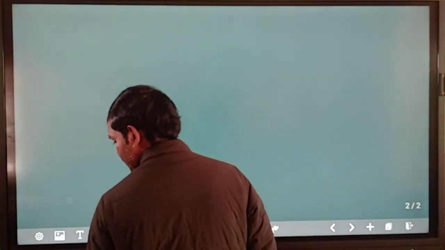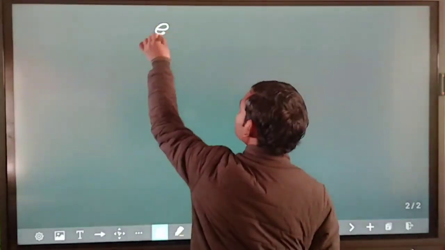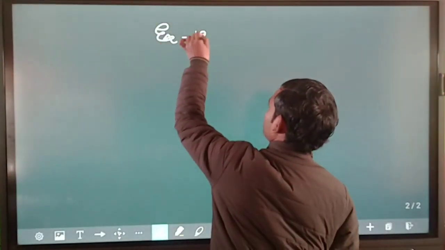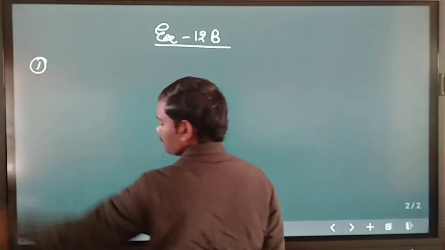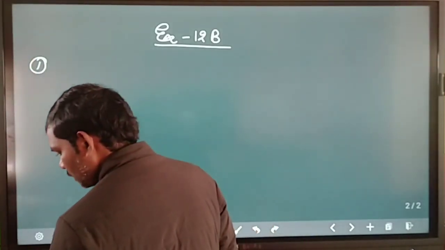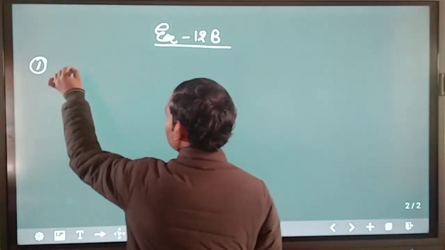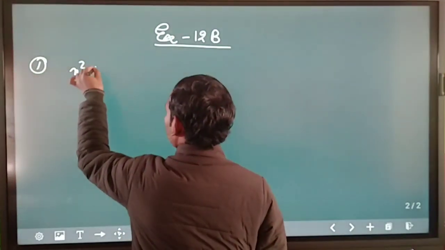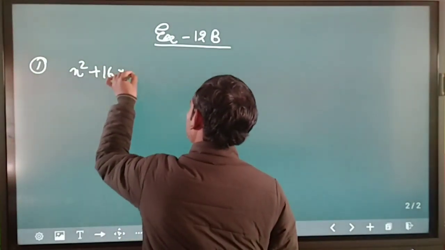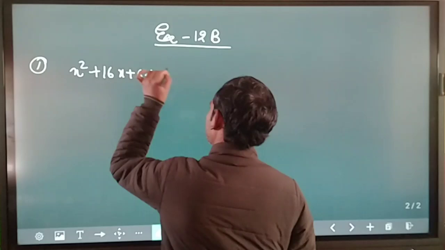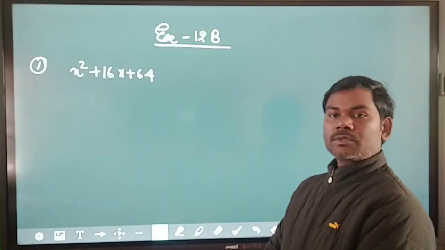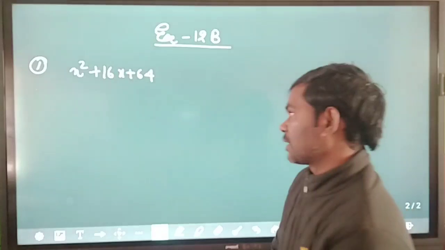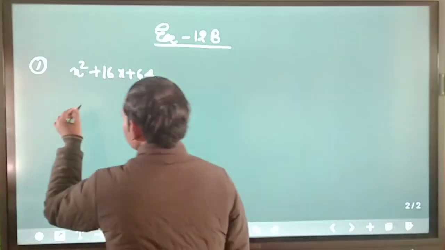Here we solve exercise 12b. The first question is x square plus 16x plus 64, and we have to solve it using an identity.